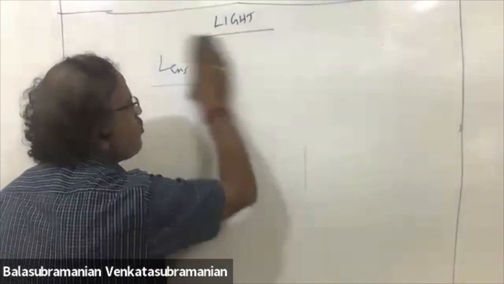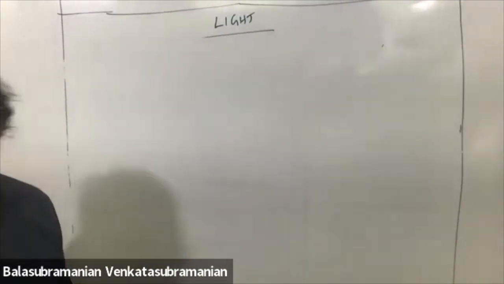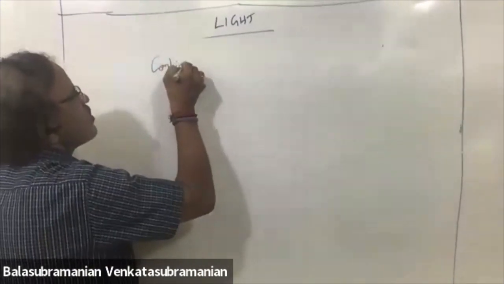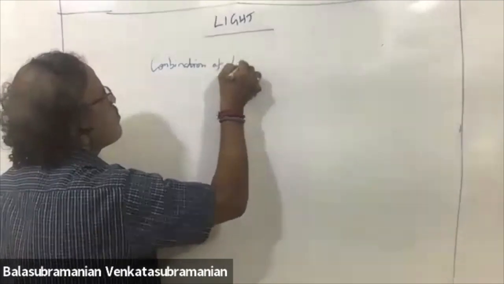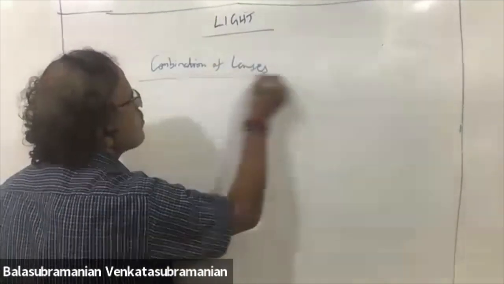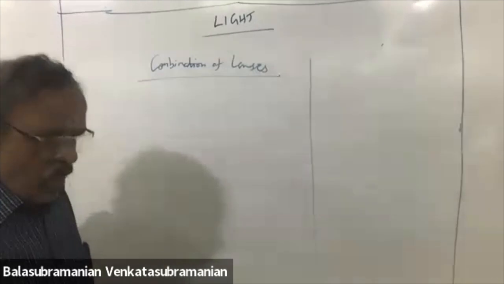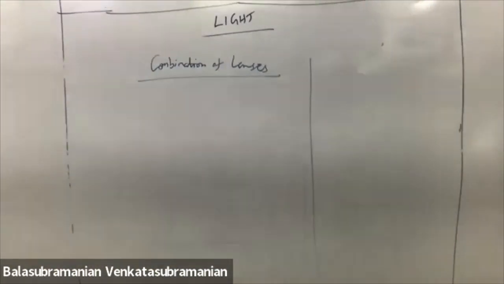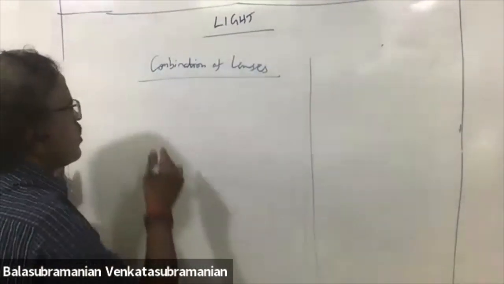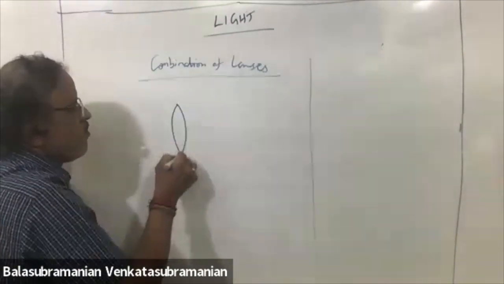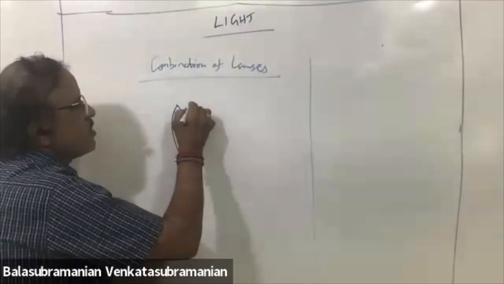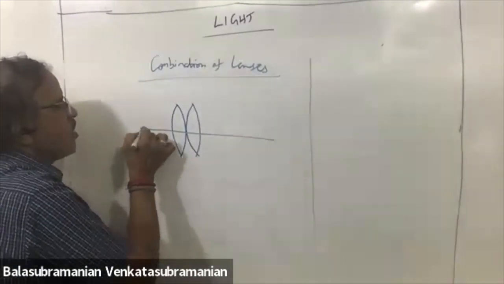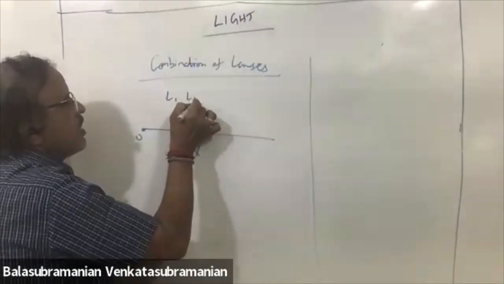Suppose two or more lenses we are using together. Combination of lenses. First lens, second lens. Principal axis, this is the object. L1, L2.